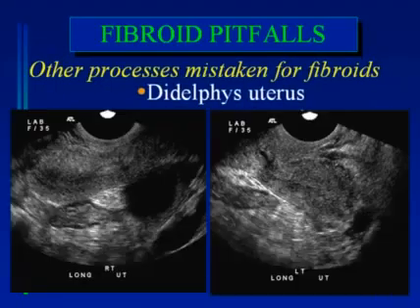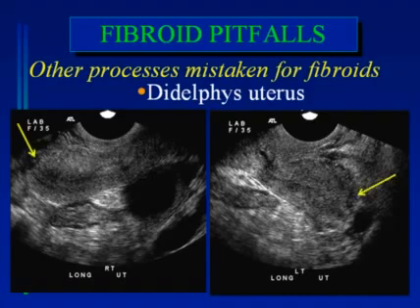Now, interestingly, once that was realized on the transverse scan planes, and an attempt was made to show both uteruses at endovaginal ultrasound, it turned out that the uterus on the right was antepositioned and the uterus on the left was retropositioned.